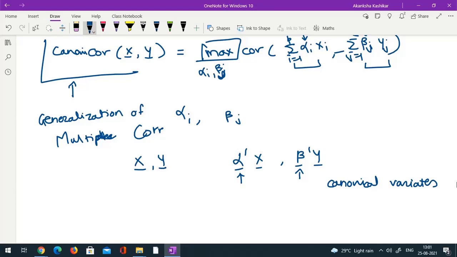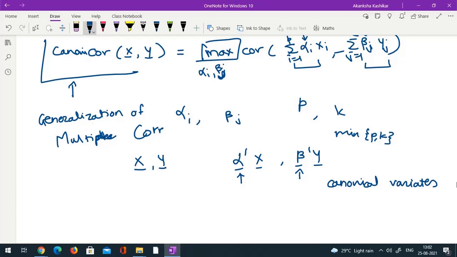Actually, we have p variables on one side and k variables on the other side. Assuming that both these vectors are non-singular, meaning their variances are non-singular matrices, the number of canonical correlation coefficients will be the minimum of p and k. So if I have a group of 3 variables on one side and 2 variables on the other side, I'll get 2 different canonical correlation coefficients.